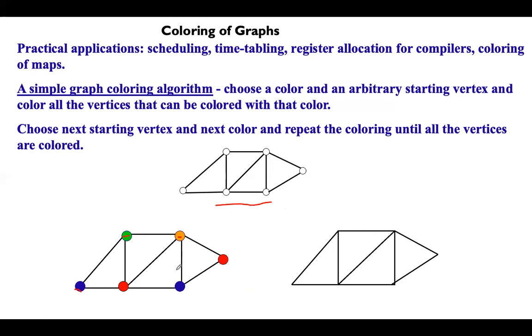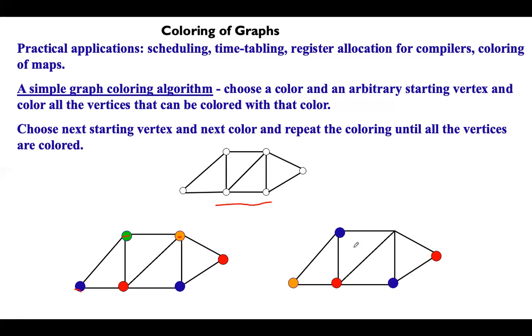This is correct, okay? But check whether you can optimize it and use just 3 colors to color this graph. Is it possible to color this using only 3 colors? Okay, red and red, blue. Here I have assigned blue and then I will assign orange here.